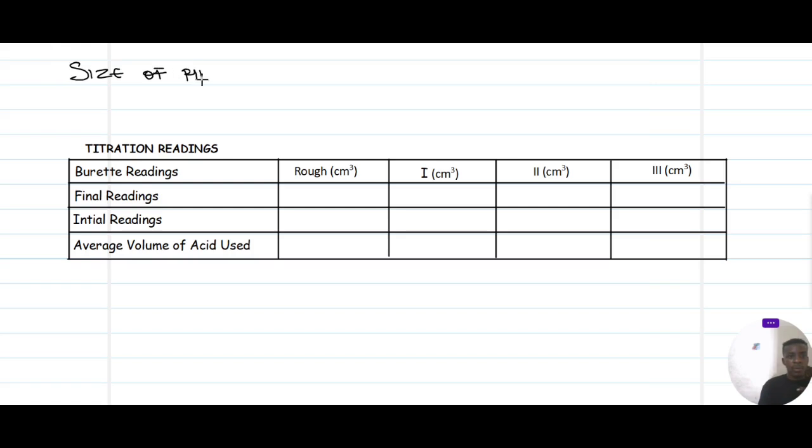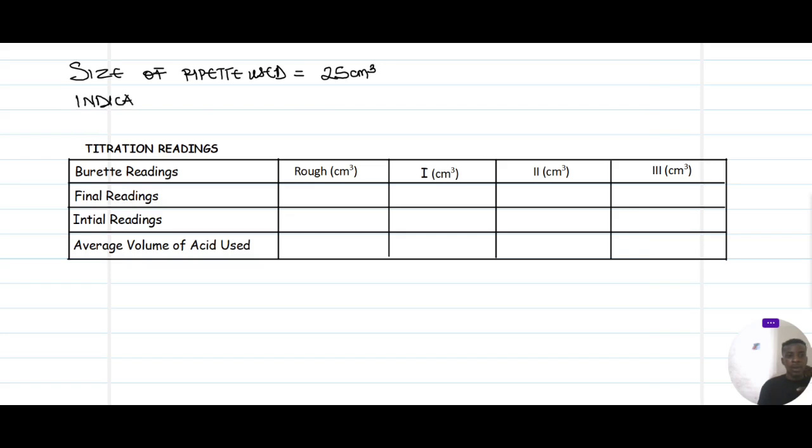This is the first thing you write as a student. Take note of that. It is 25 cm cube.